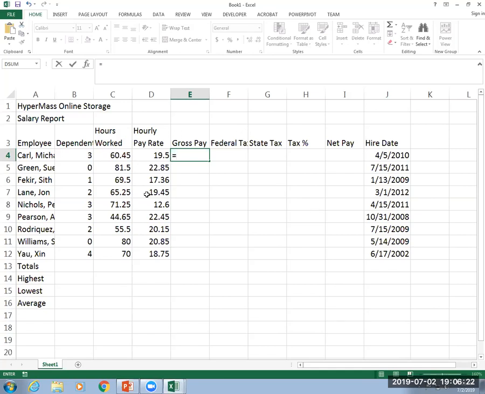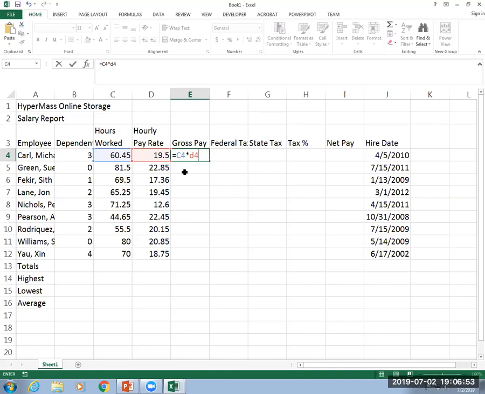And then in Excel, to do multiplication, it's the asterisk or Shift+8, which makes the little asterisk icon. And then I want to multiply that by the hourly pay rate. So again, I could either click on D4 or I could type in D4, either way.